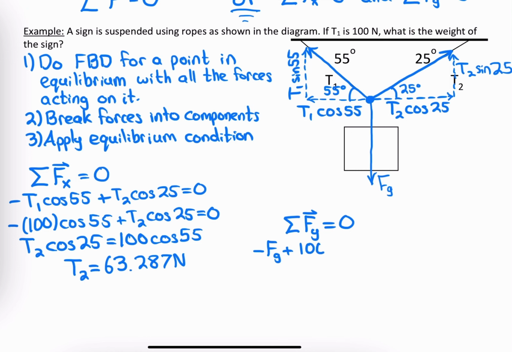T1 is 100 newtons, so I'm just going to put that in right off the bat. And T2 is the number I just found. So this guy is my T1, and this guy is my T2 from over here.